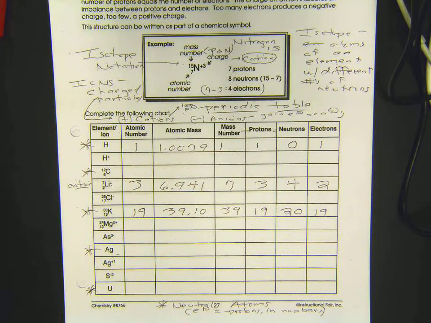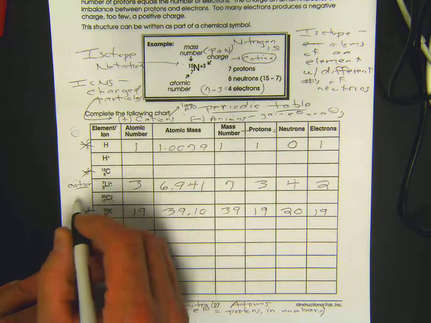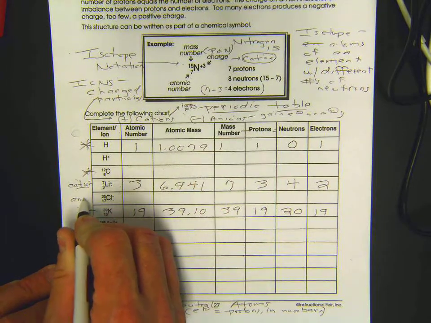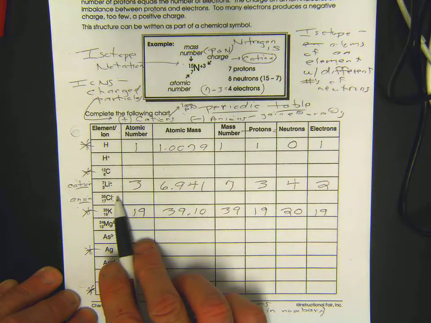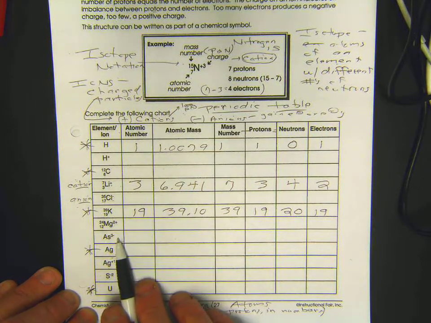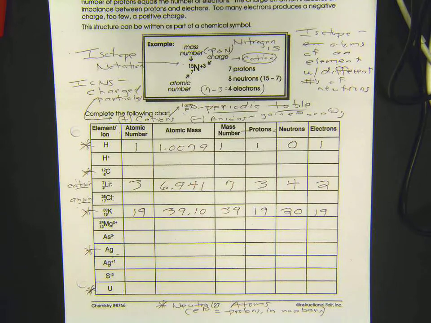Now I'm going to try to show you an anion to show you how this would work. Remember, chlorine here, this is an anion because it's negatively charged. Let's see. This arsenic is also an anion. This sulfur is also an anion. I'm going to go ahead and do the sulfur down here.